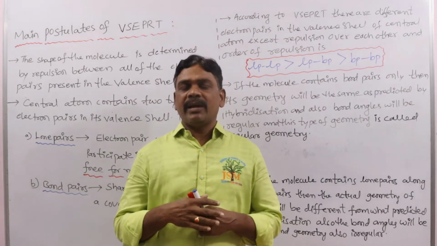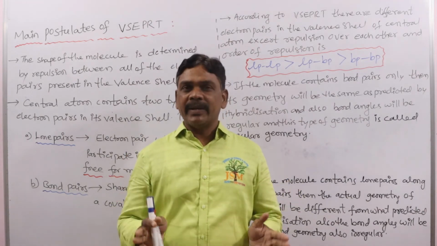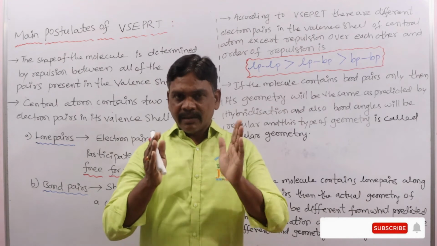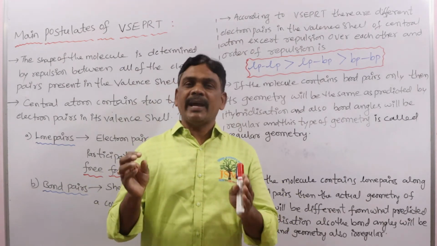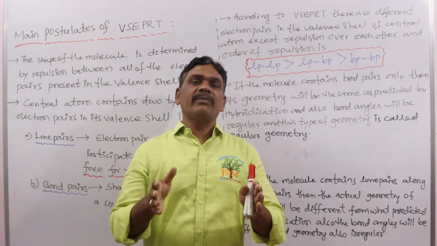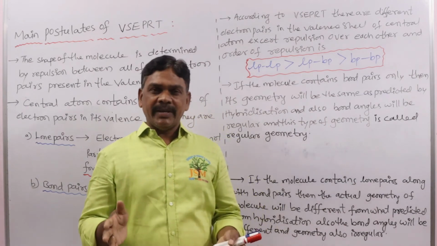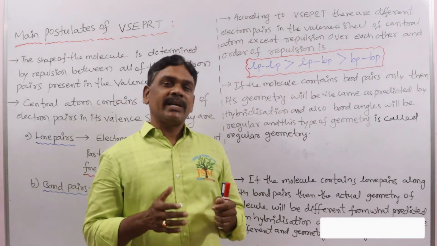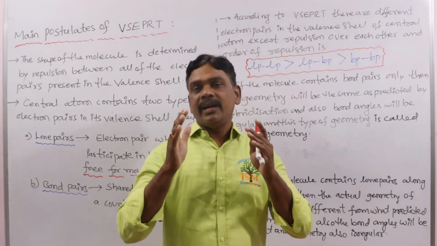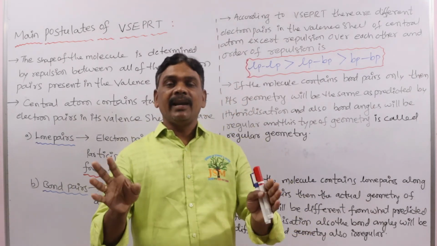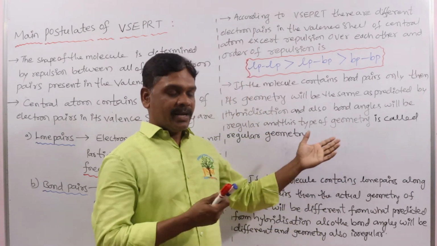Next one. If the molecule has all bond pairs and no lone pair, the geometry and bond angle are regular, what we predicted from hybridization. This is known as regular hybridization, with regular bond angle and ideal geometry.